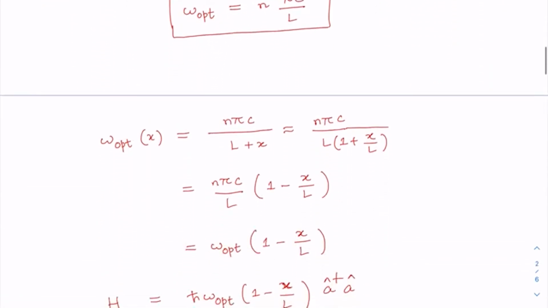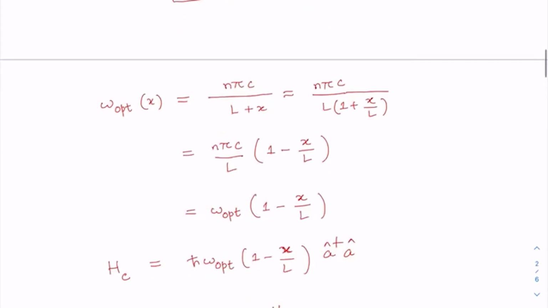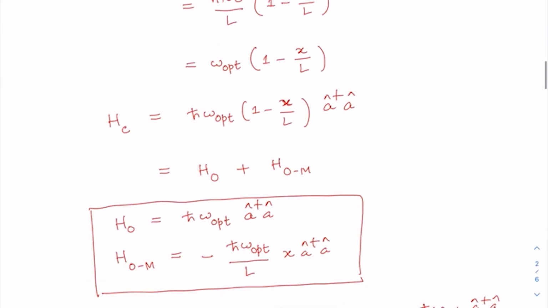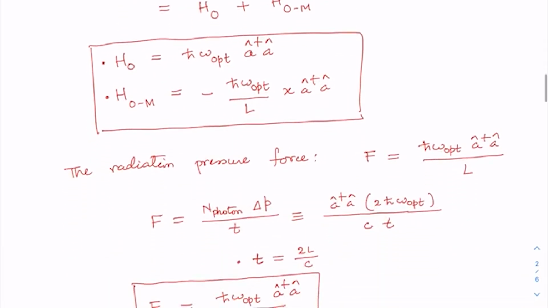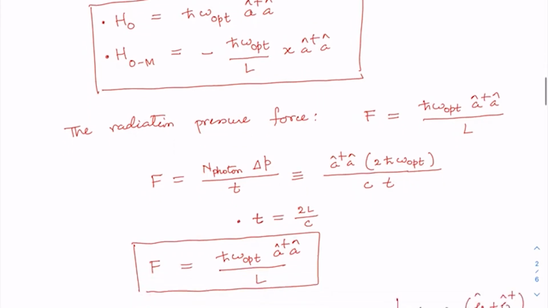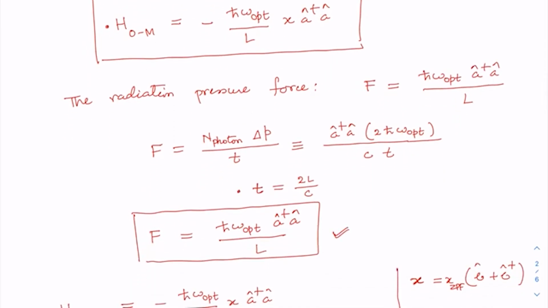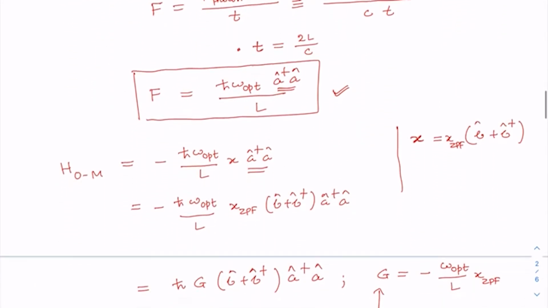So based on this, if the displacement of the mirror is very small, then we got two terms. One is due to the cavity photon that is circulating inside the cavity, and another one is the optomechanical interaction term. We also saw how the radiation pressure force can be very easily worked out, and this is related to the number of photons inside the cavity, as well as the bare optical cavity resonance frequency.